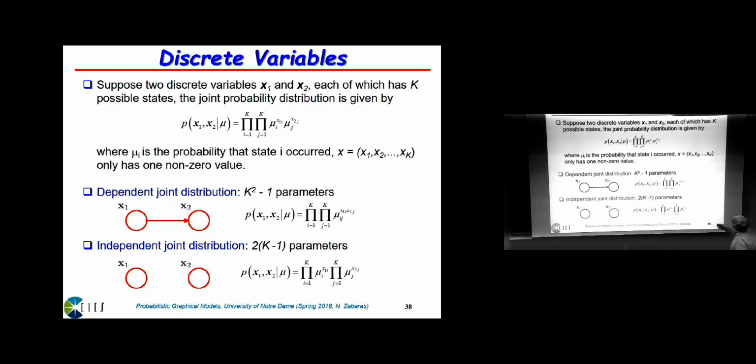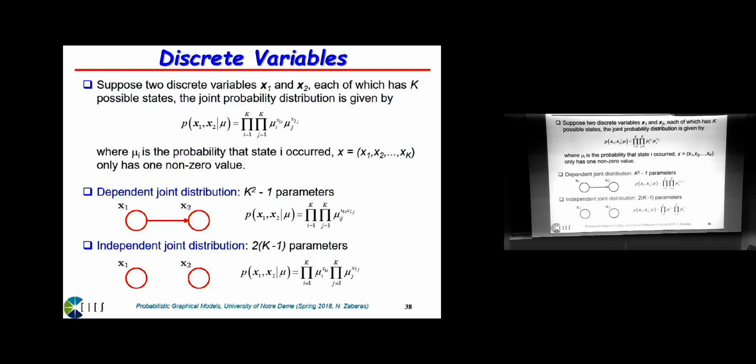Here I can take K values, each with probability mu 1, mu 2, up to mu K. So there are 2 cases. The most general would be to write this joint distribution the way that you see here. For those not familiar with the notation, these x's are 0 or 1.